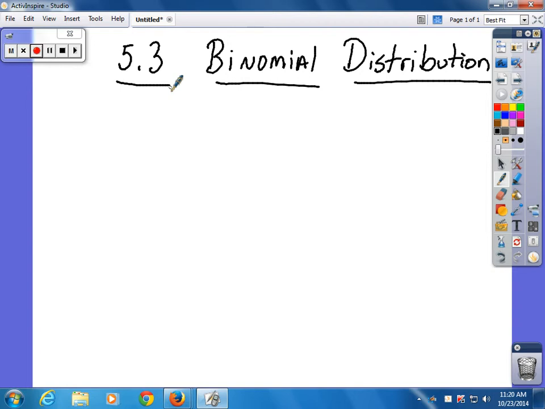Binomial distribution. Basically, these problems are not as hard as that sounds. These are problems with 0.5 probability for the outcome or the event.